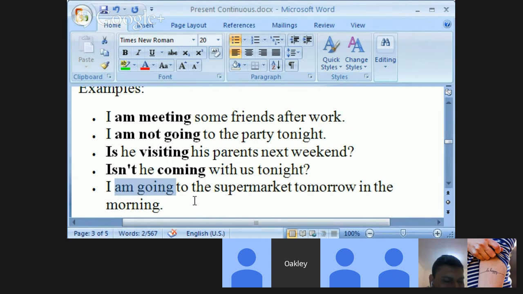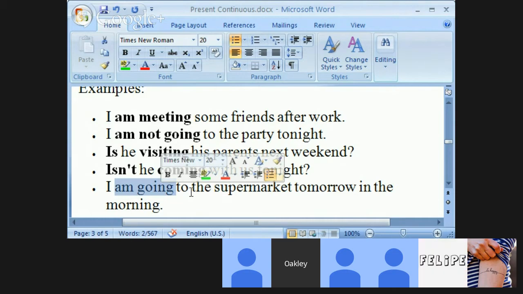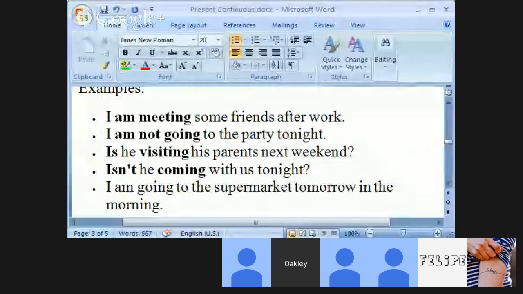We also could use going to, and then a verb. Future simple is am going to go. I'm going to go. I'm going to swim. I'm going to fly. I'm going to read.